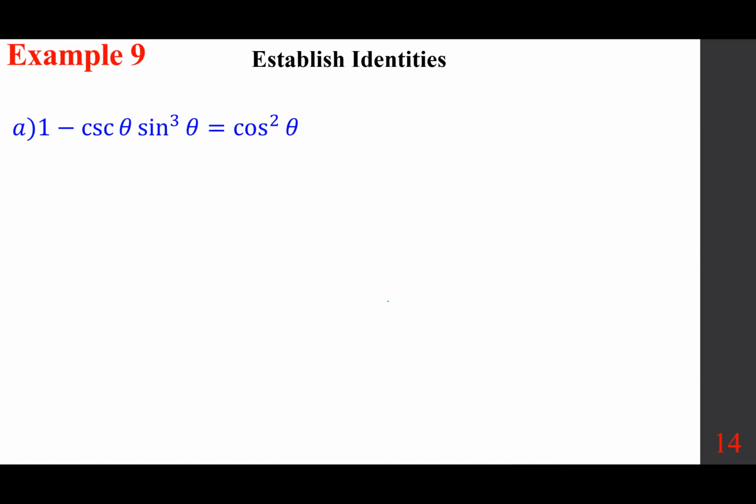We want to prove that 1 minus (cosecant theta times sine cubed theta) is cosine squared theta. So the left-hand side seems to be more complicated. We start with that, and we change the cosecant to 1 over sine.